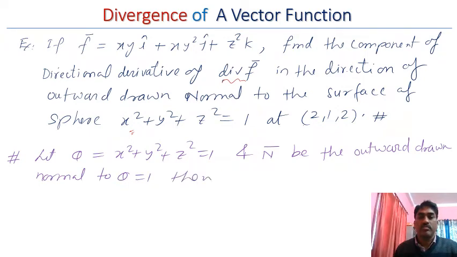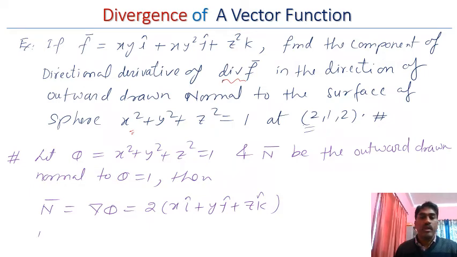Then n is calculated as del phi, and that is 2xi plus 2yj plus 2zk, and we need to find everything at (2, 1, 2). So n at (2, 1, 2) is 2(2i plus j plus 2k).